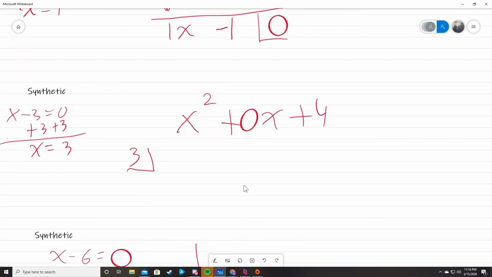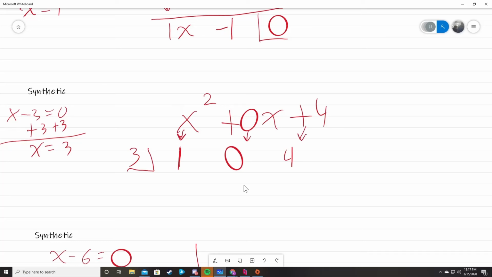We know the coefficient of x squared is a 1, so we're going to put a 1 right here first. The coefficient of x is what we're going to put in next, so we got 0. So we got 1 here, 0 there, and then our last number is 4. We get these from all 3 of these terms.